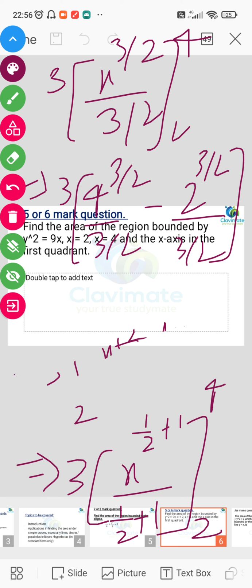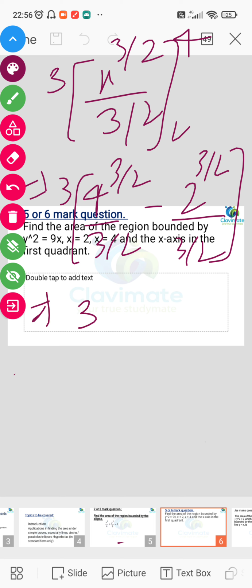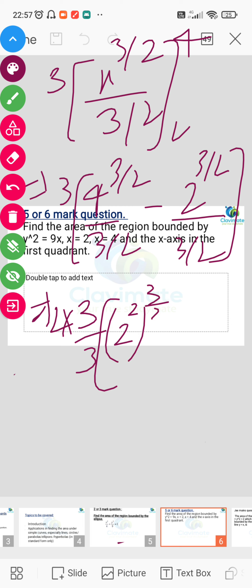Okay, so I'll get 3 upon 3 by 2, and 4 power 3 by 2 I can write as 2 power 2 into 3 by 2, and I can write 2 as root 2 power 2 into 3 by 2, right? 3 by 2.